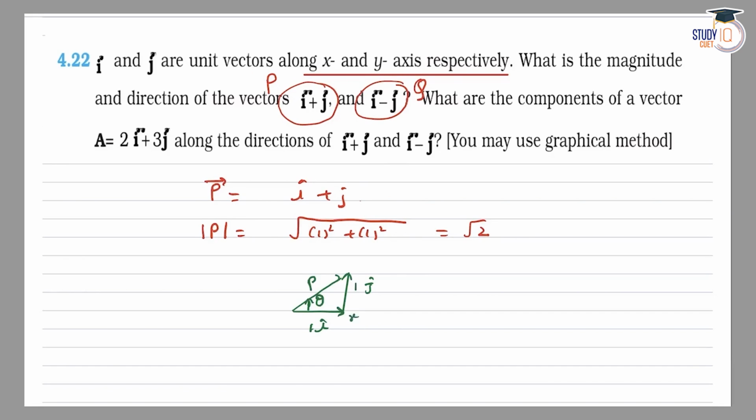This is along x and this is along y. So tan theta is equal to 1, so theta is equal to 45 degrees. So this p makes an angle of 45 degrees with the x-axis in the anti-clockwise direction.